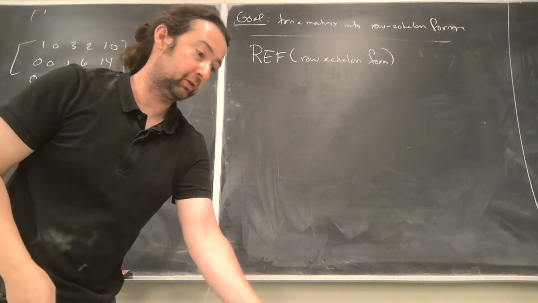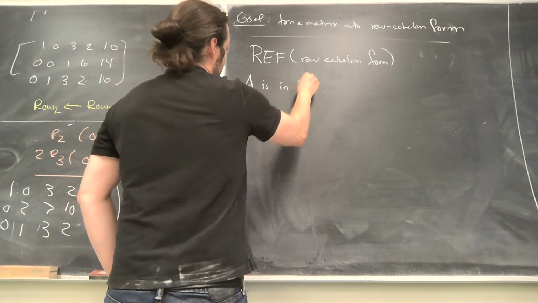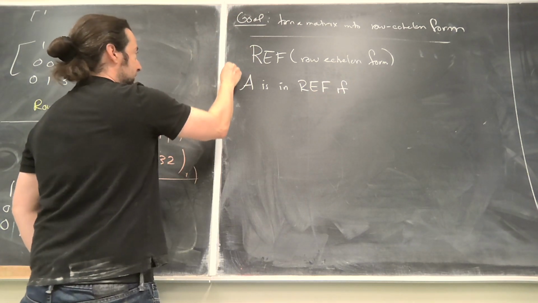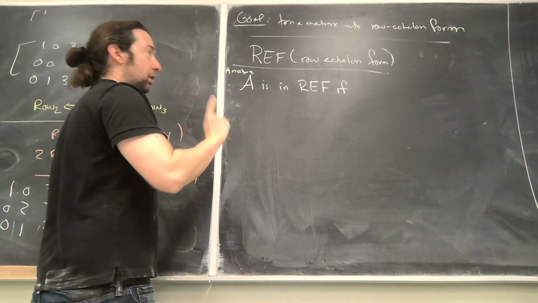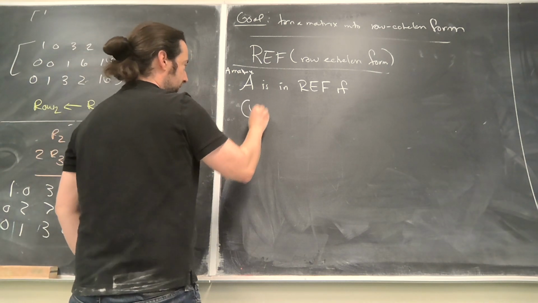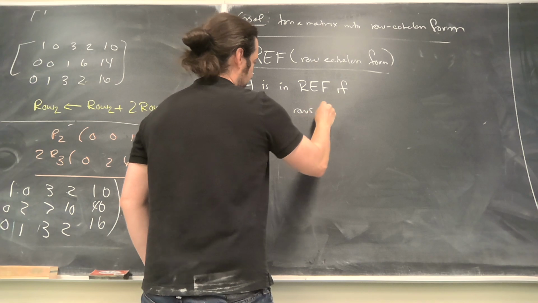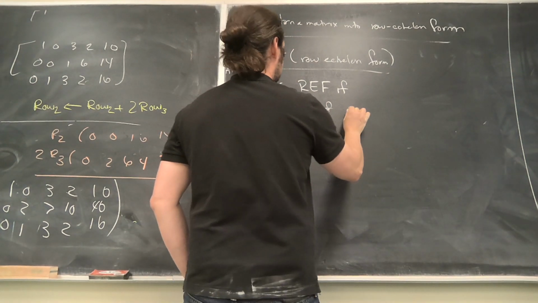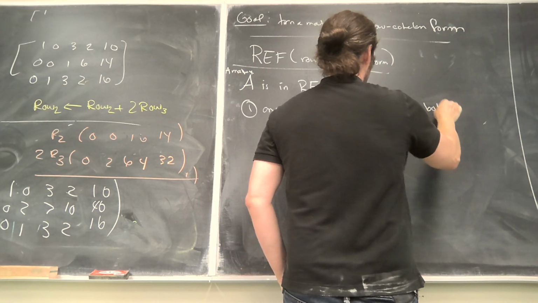Row echelon form has the following definition. A matrix A is in row echelon form if, one, any rows of all zeros are at the bottom.